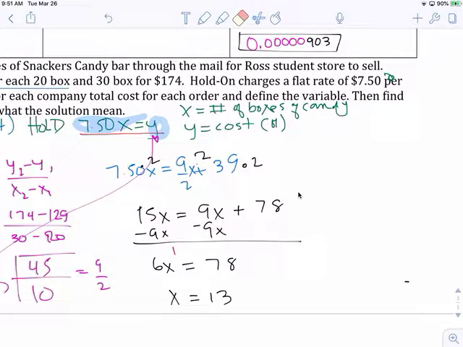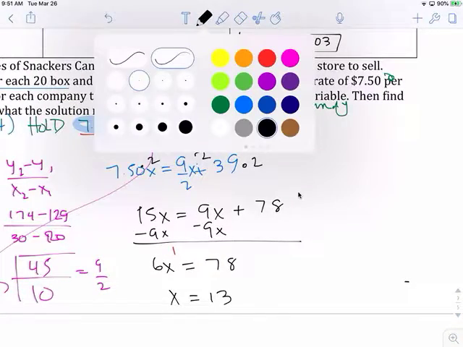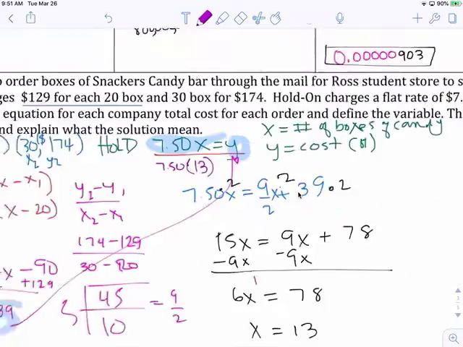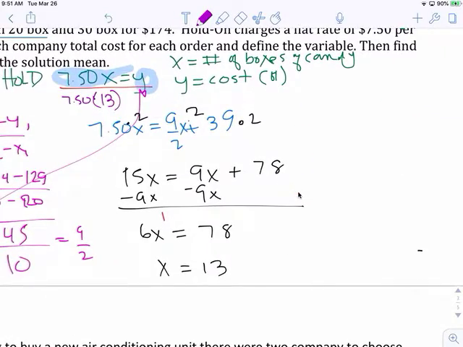So you take 13 boxes in another color. 7.50 multiplied by 13 boxes of candy. You'll get your other answer. So 13 boxes for how many dollars? Okay, get a calculator. 7.50 times 13 is $97.50.